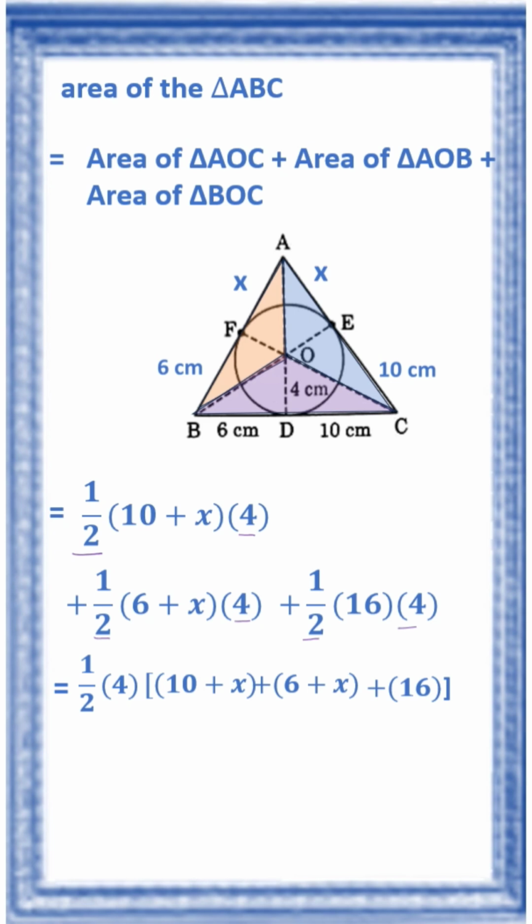Here you can observe 2 2s are 4. Here 10 plus 6 plus 16, it is 32. x plus x, that is 2x, that is equal to 2 into, here 2 is common, 2 into 2 is 4, here 16 plus x.